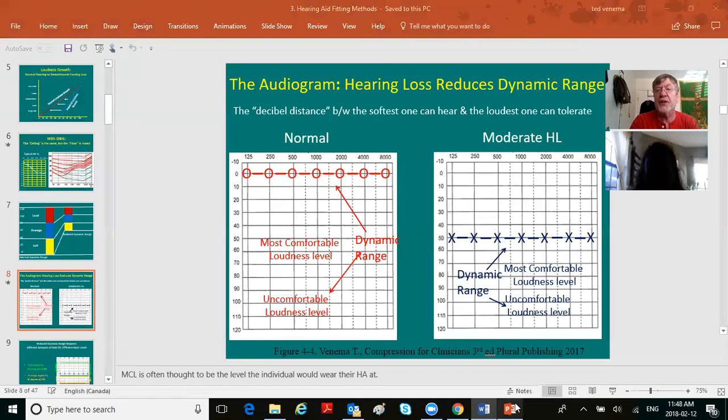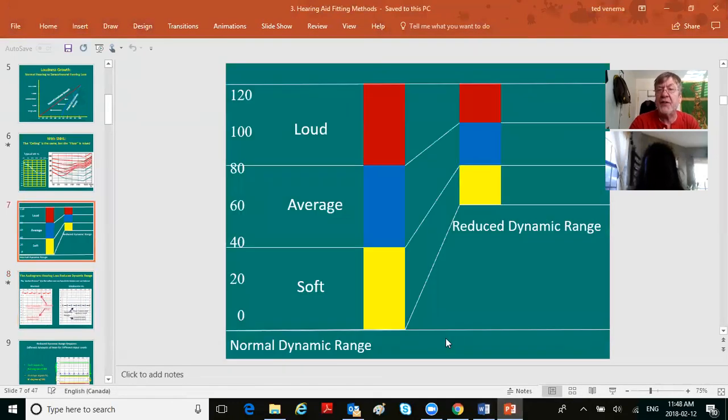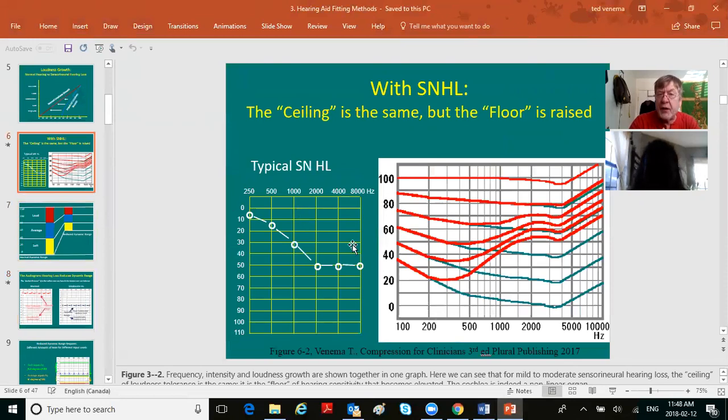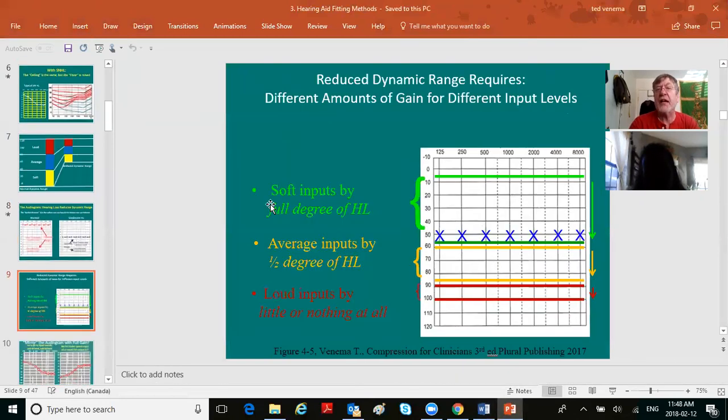In other words, if you've got something like this, going down here, obviously you want to improve the treble more than improve the bass. Obviously, okay? So let's look at this. Reduced dynamic range. Look at the green at the top. Look at the guy's hearing loss at 50.